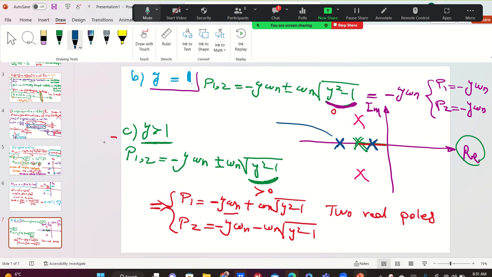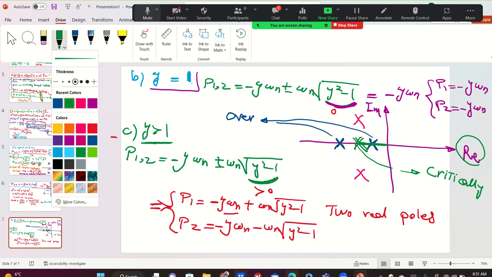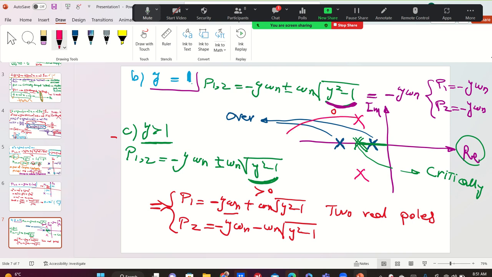So these are for the overdamped system, these two real numbers, or for the critically damped system, and these two are for the underdamped system.